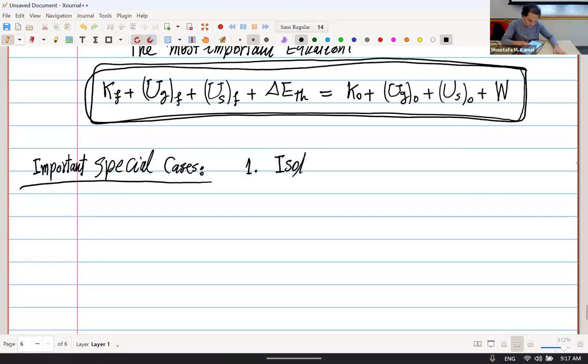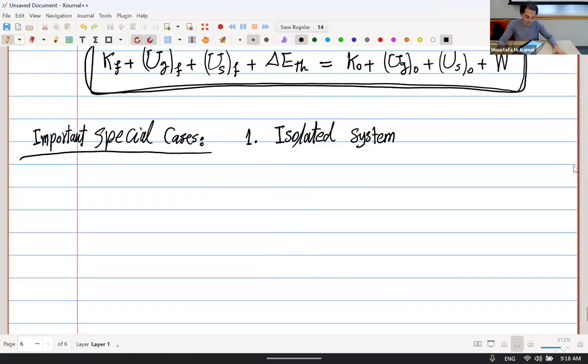Isolated system. What does isolated system mean? No energy transfer. How do I write that in a quantitative way? Yes, exactly.